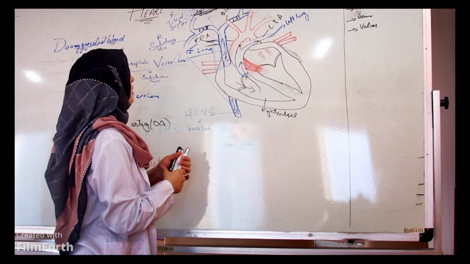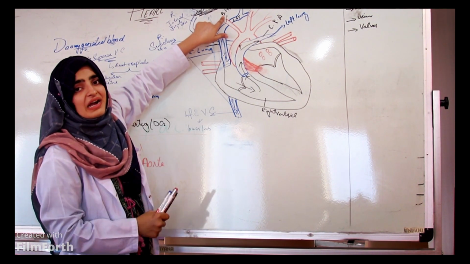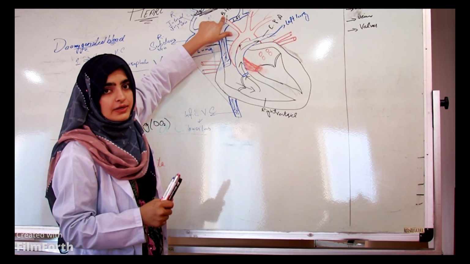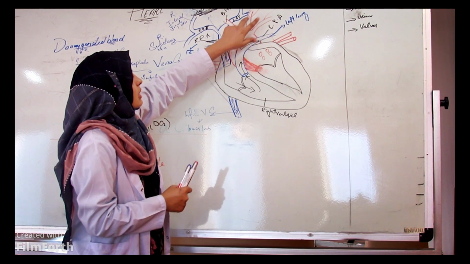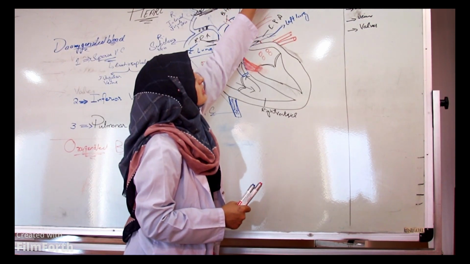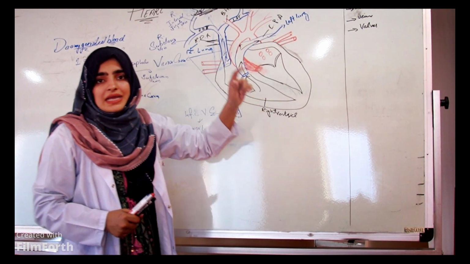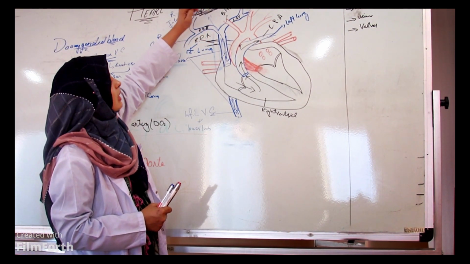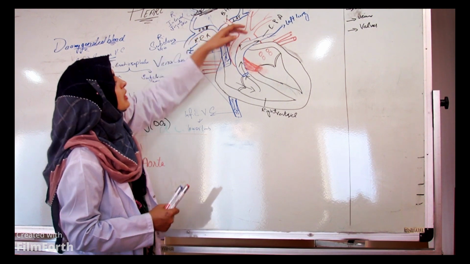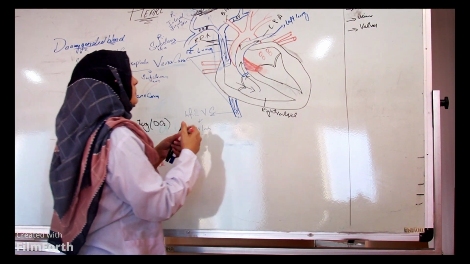On the left side we don't have a brachiocephalic artery. We just have two main arteries named the carotid artery and the subclavian artery. Instead of making a brachiocephalic trunk, they directly originate from the aorta, from the arch of the aorta.